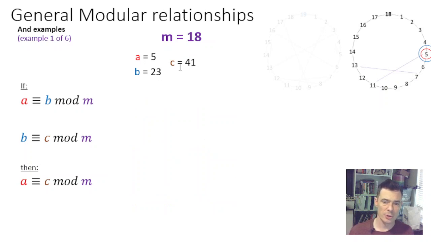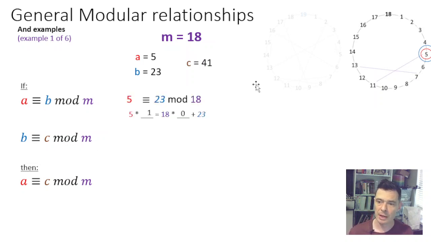Now we're moving on to a third number. We have c, which is 41, and if these 2 conditions are true, then this last one is also true. We know from the first equation that a and b are going to land at the same number. So b is going to go around the circle a different number of times, but they both land here.